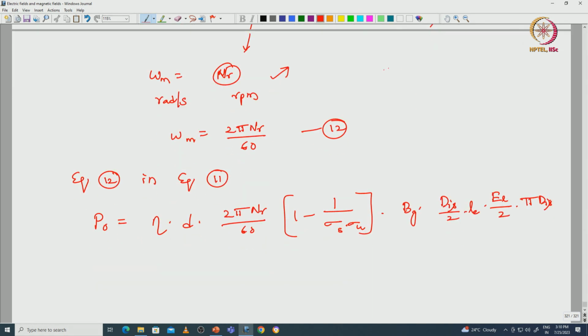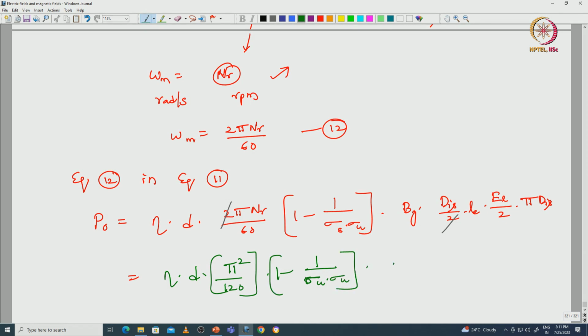These are the terms with respect to equation number 11. Here these two terms will cancel 2, and the final equation is efficiency into duty cycle into pi square by 120 into 1 by 1 minus the inductance ratio terms product, into Bg into Bg, which is nothing but the magnetic loading, into electric loading into dis square, that is the bore diameter or stator inner diameter squared, into Le.